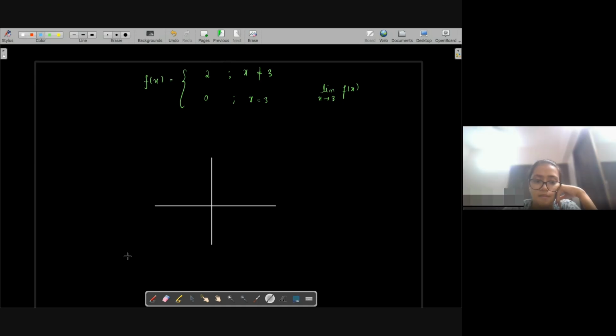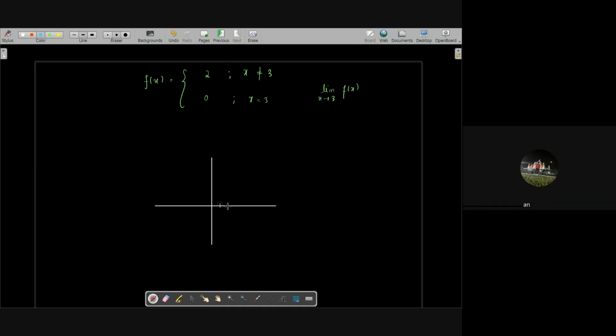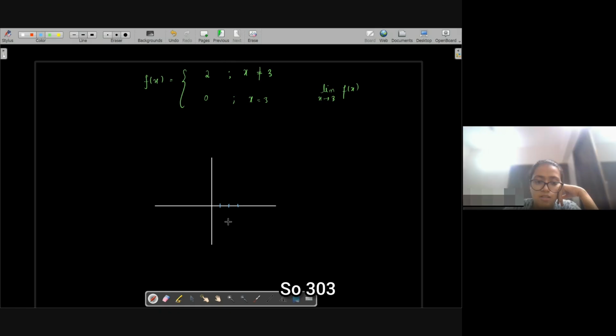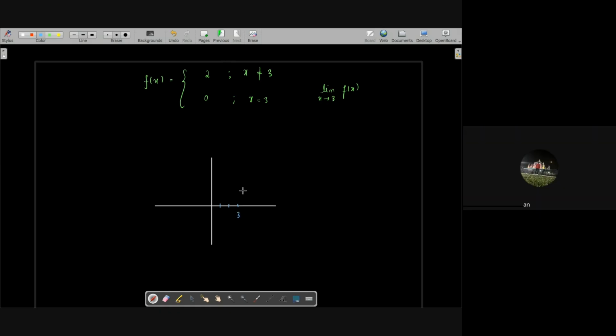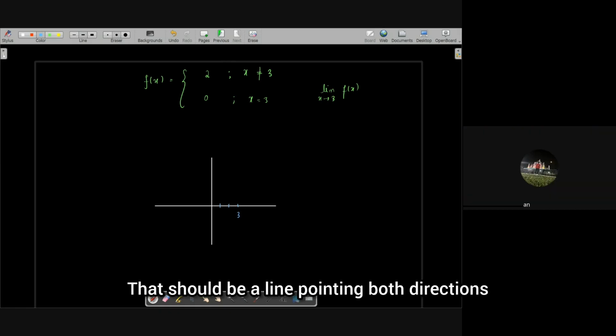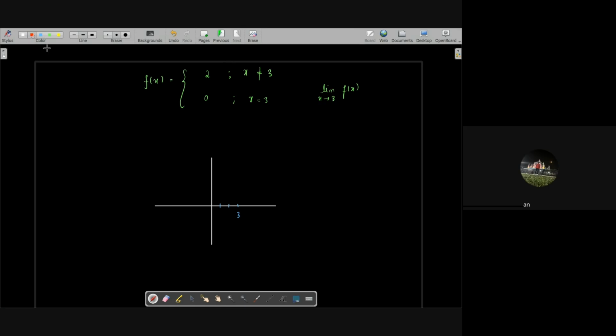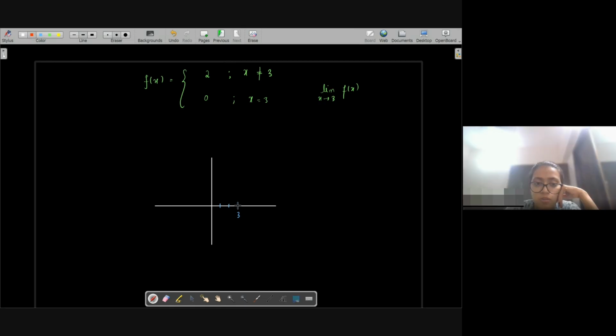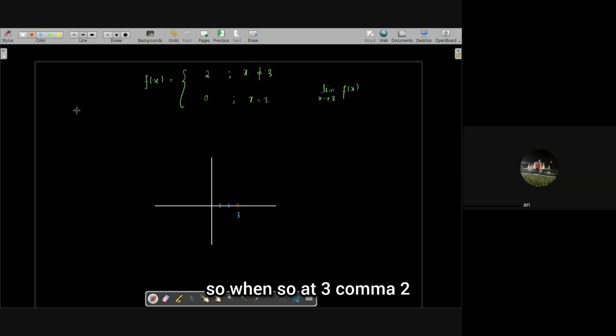Okay. So at x equals 3, this is 3, 3 comma 0. At 3 it is 0. And wherever x is not equal to 3, the value of the function is 2. So at 3 comma 2, it would be an open circle.